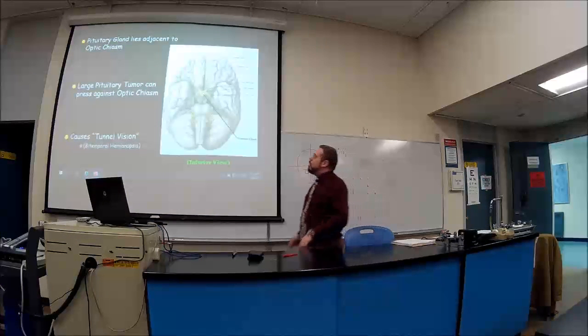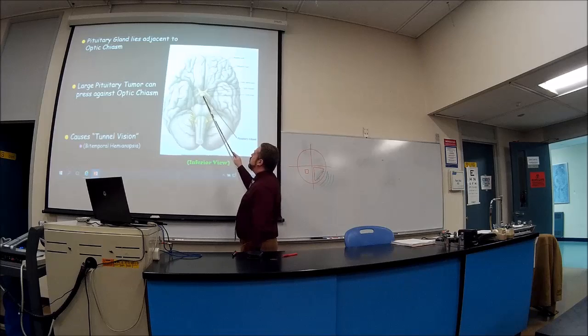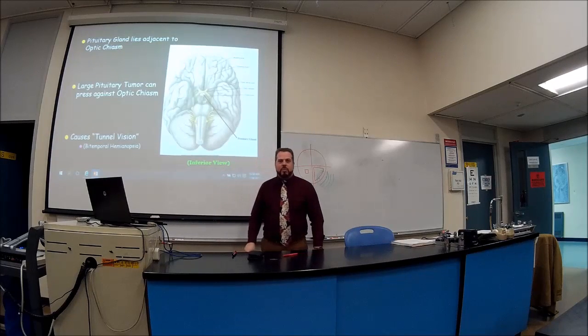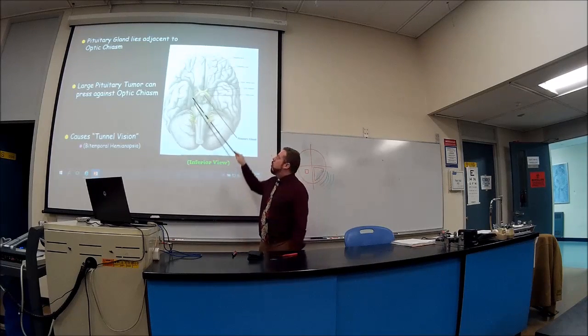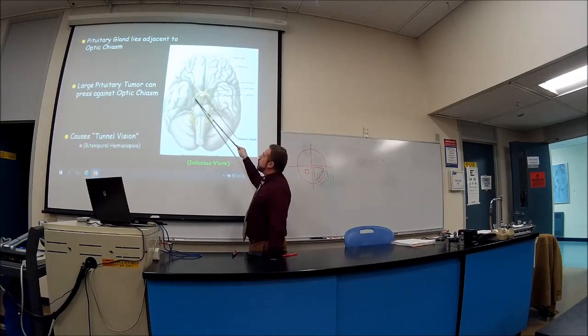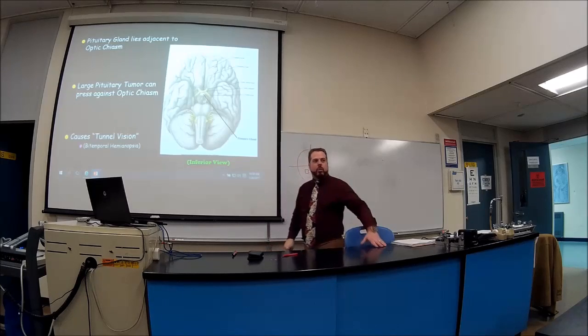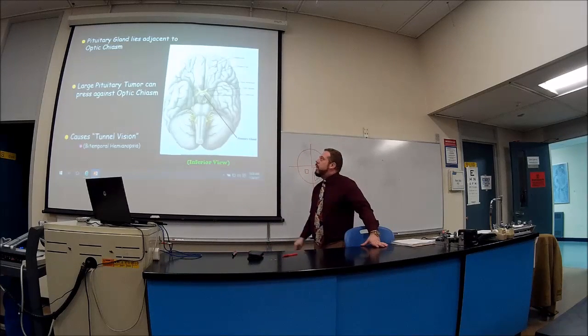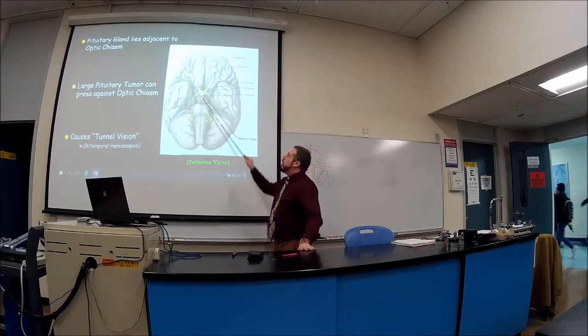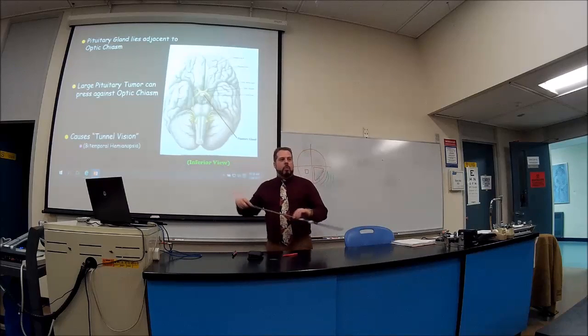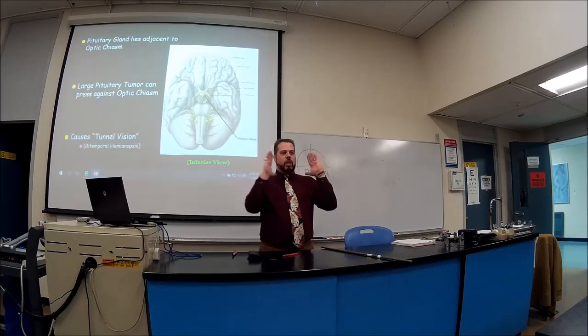Now look what's going to happen here. If that pituitary gland enlarges, it'll press on where the optic tracts are crossing over, and it's going to affect the way the person sees. When it presses on that, their peripheral vision disappears. They have tunnel vision.